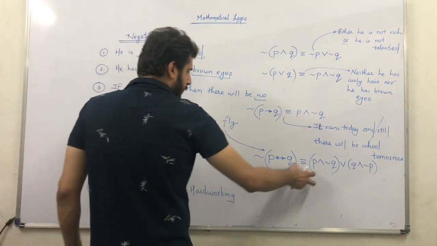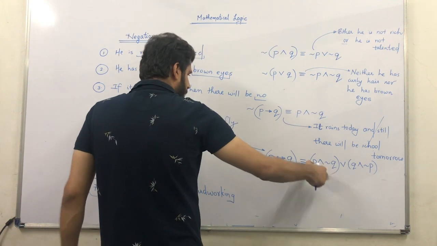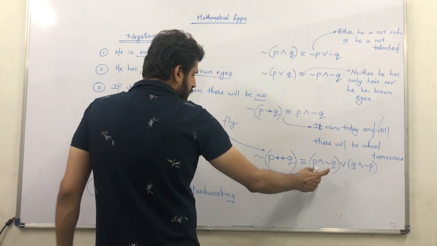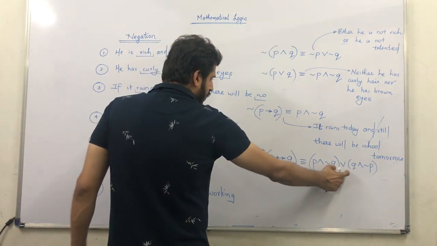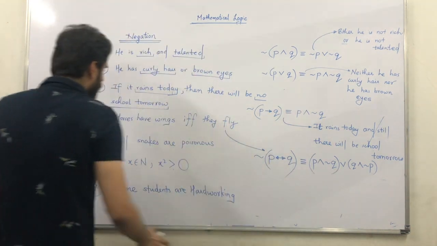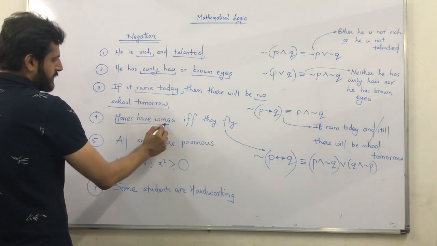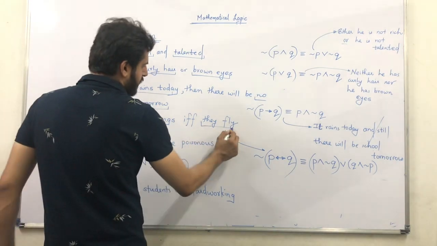So I'll not write the verbal form, it is going to be lengthy, but I'll do it orally for you. When I say P and negation Q or Q and negation P, P is horses have wings, Q is horses can fly.